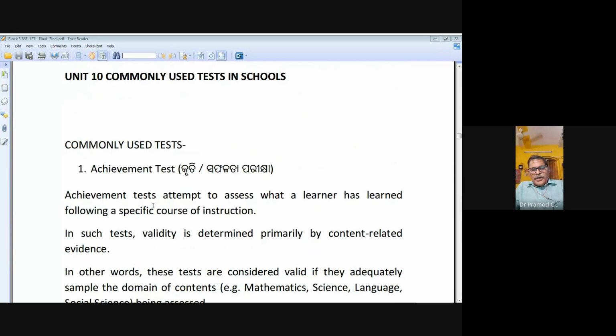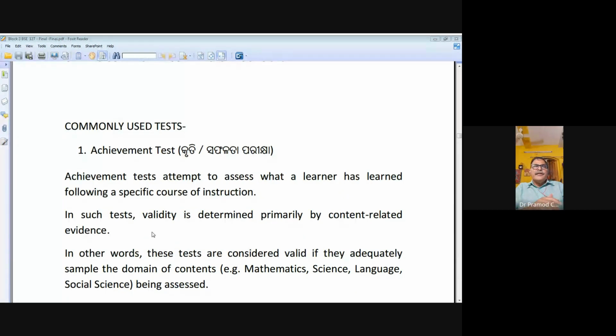Okay, we'll have to go to the next unit, and in that unit we'll have to cover achievement test, the commonly used tests, that is, in school what are the different types of tests commonly used.